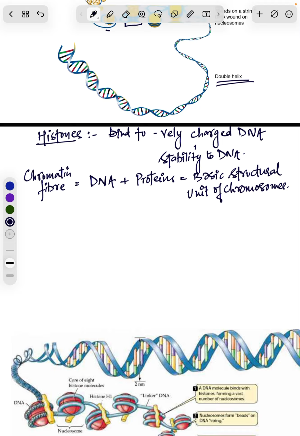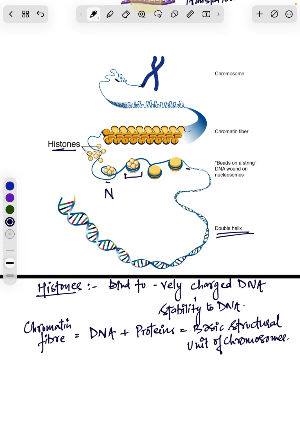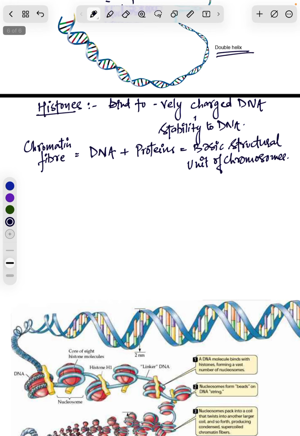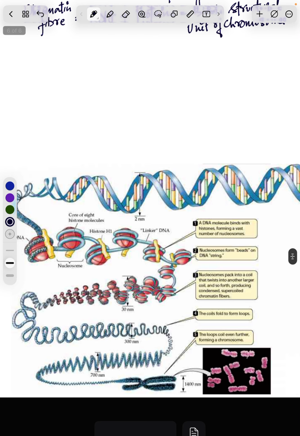When this unit is made, it is known as a nucleosome after the whole binding. Here you can see a more expanded version where a core of 8 histone molecules makes a single nucleosome, and the whole thread is linked by linker DNA and linker histone protein. Histone H1, here you can see, is binding a single nucleosome with the fiber.